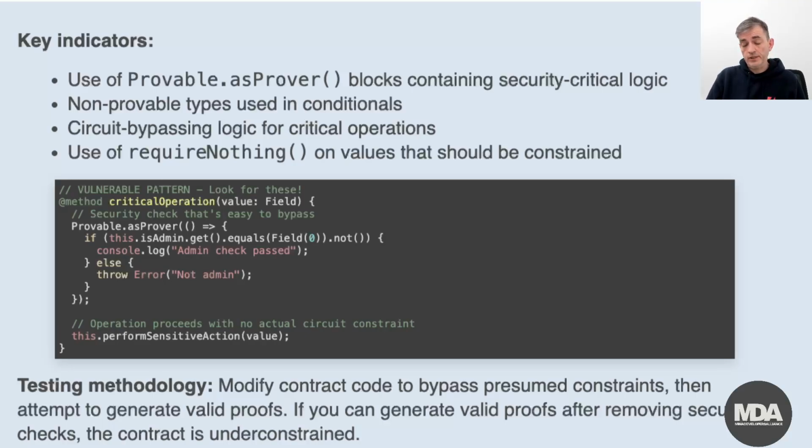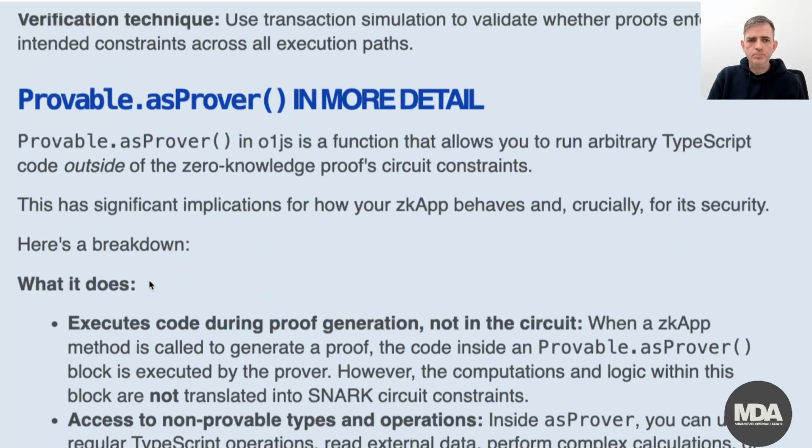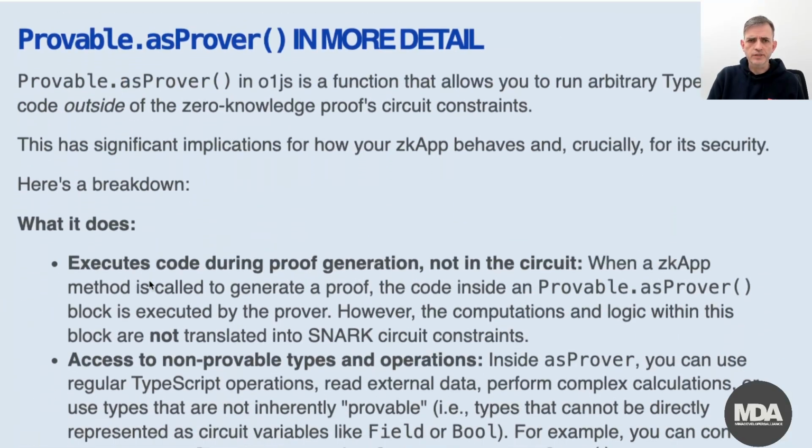And that effectively illustrates the exploit that could be done. So a malicious prover could effectively generate a proof, but one that bypasses the essential security checks, but that proof could still be accepted. So let's look at the Provable.asProver in a little more detail.